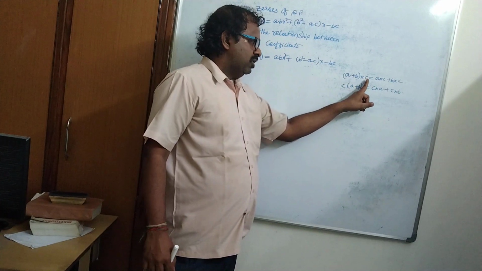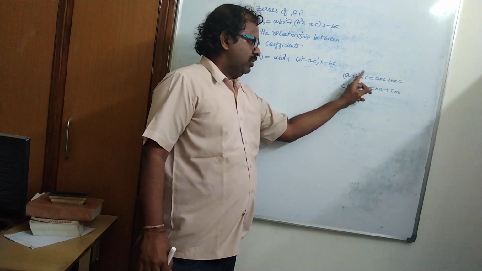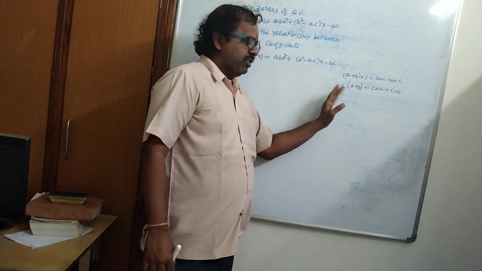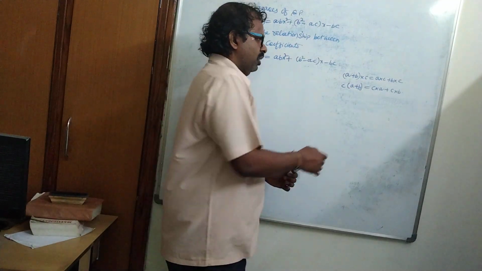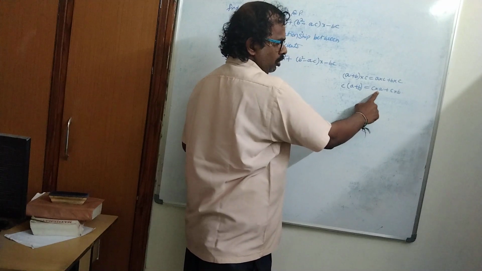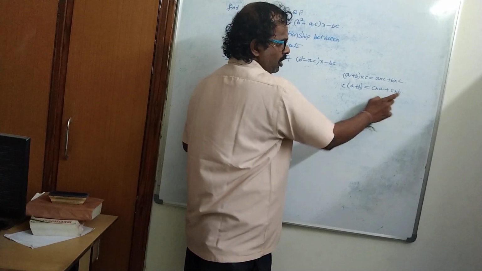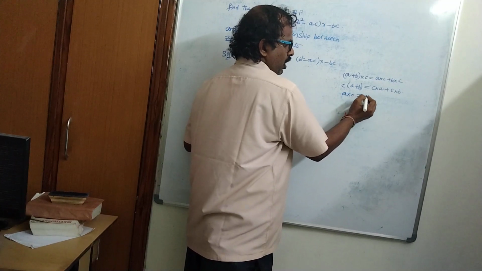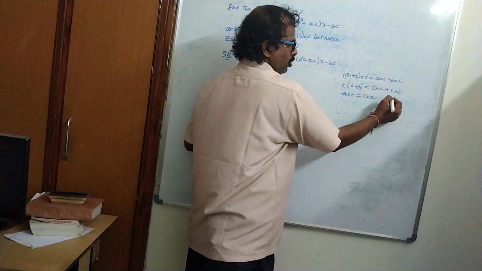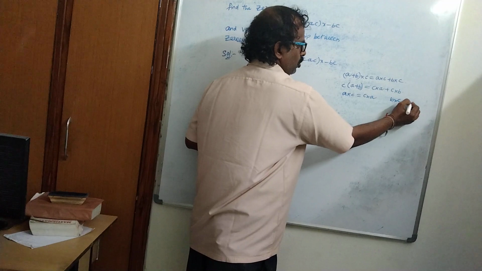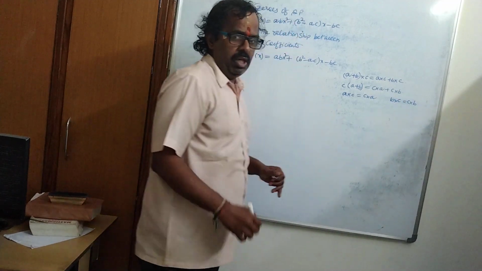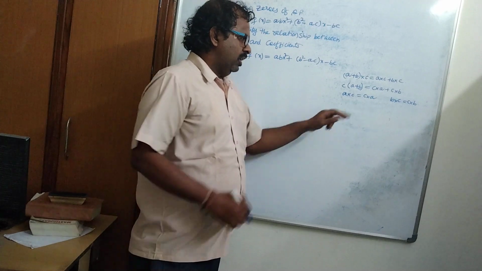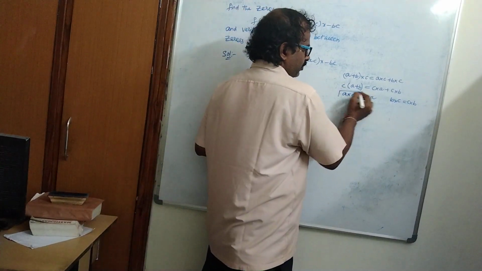Here c is on the right side of this expression, and here c is on the left side. Here a into c, c into a, b into c, c into b. So a into c is equal to c into a, b into c is equal to c into b. This we call the commutative property.